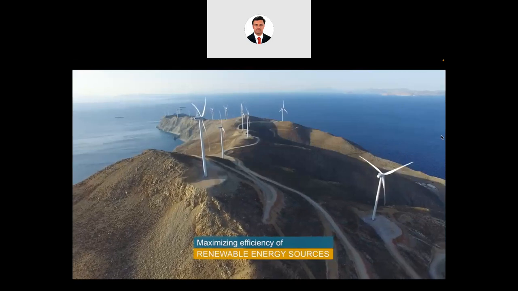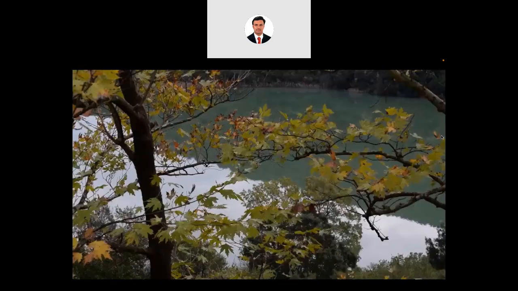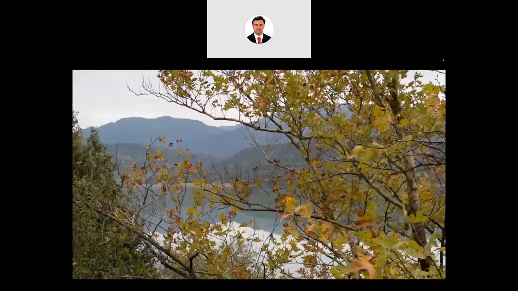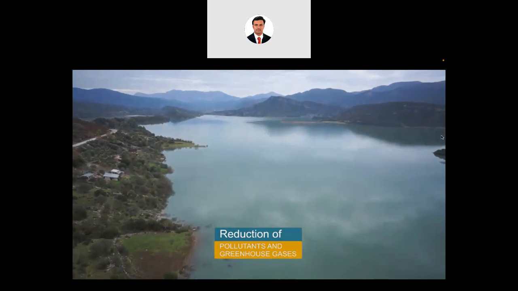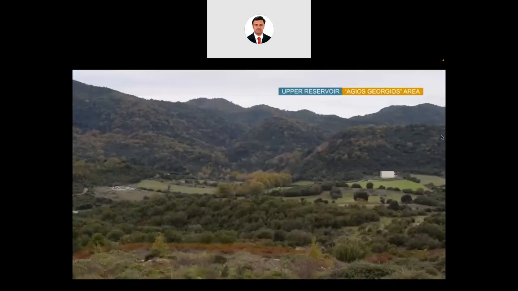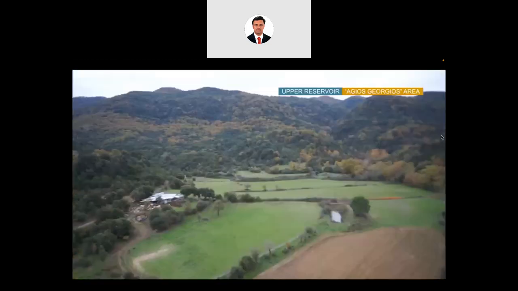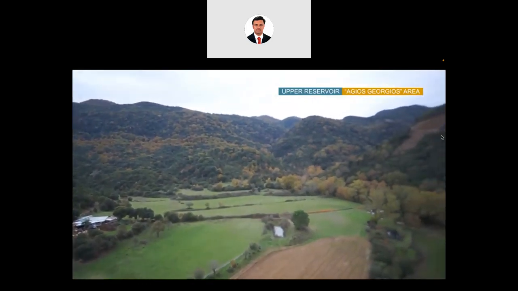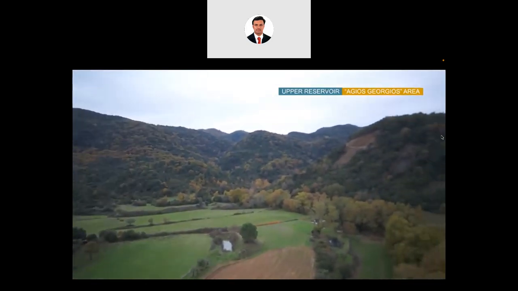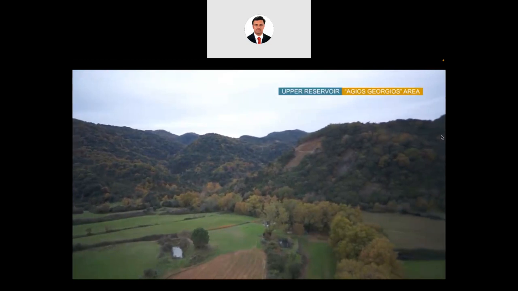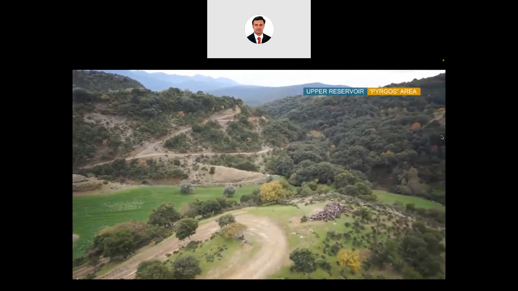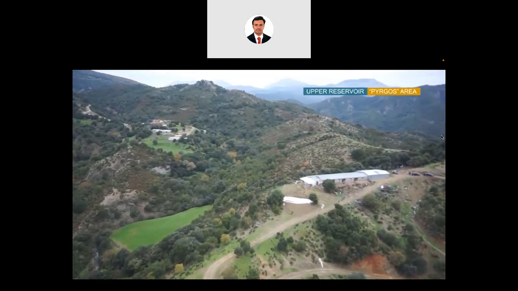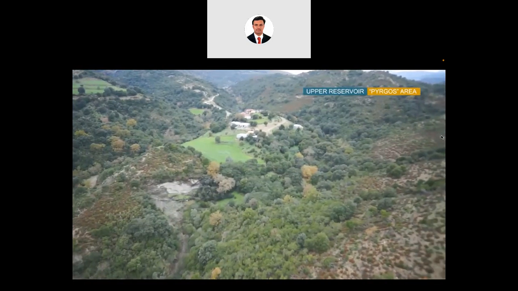Consequently, the provision of ancillary services to the grid facilitates the penetration of intermittent renewables. Hydro pump storage systems contribute to a considerable reduction of pollutants and greenhouse gases since they do not use polluting fossil fuels during operation. The areas that will host the facilities will benefit in various ways, both by the increase of visitors and the development of new and existing infrastructure.